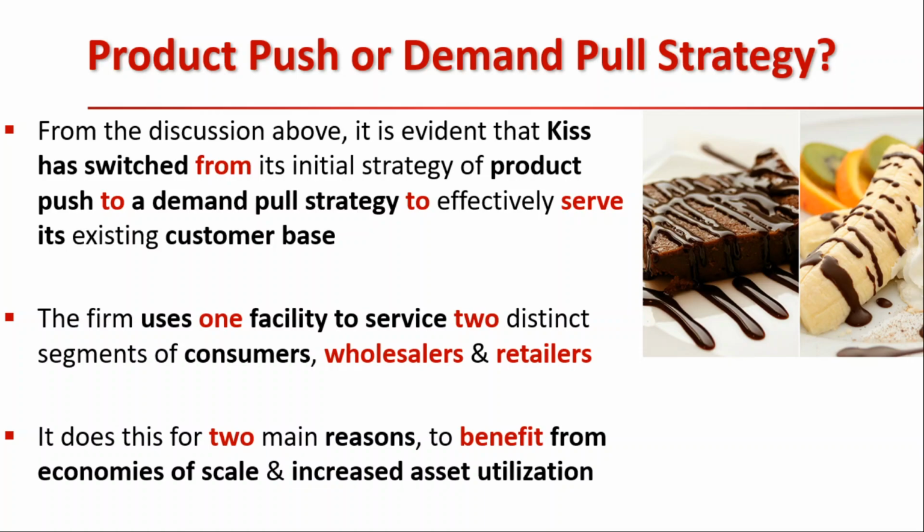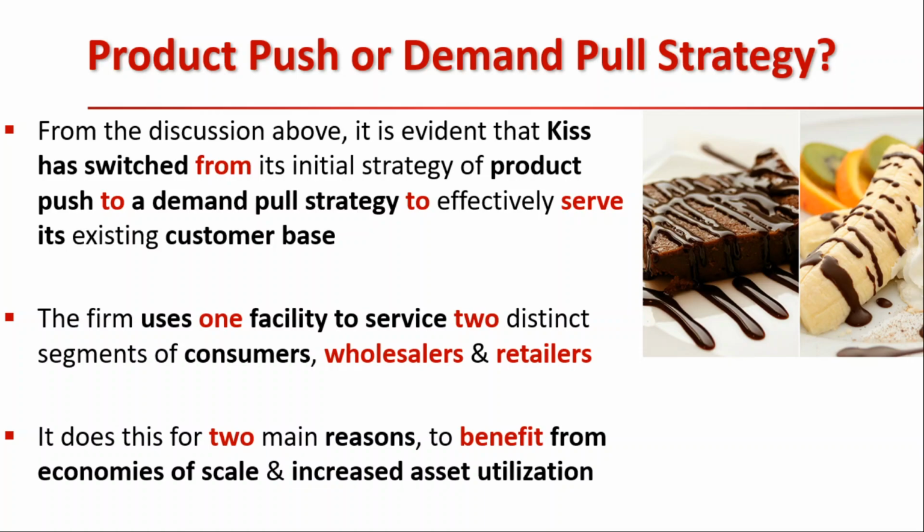So it's quite clear that KISS switched from its initial product push strategy to a demand pull strategy to effectively serve its existing customer base. KISS uses one facility, the one in Chaguanas, to service 2 segments of customers, and they focus on both the wholesalers and the retailers.